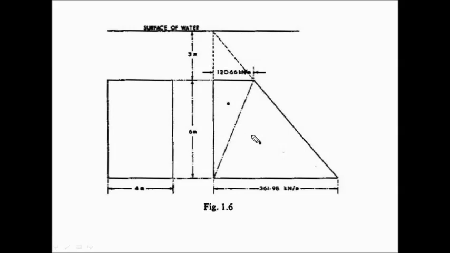Make this trapezoid into two triangles by putting one line like this, and this is triangle number 1, and this is triangle number 2. So this is triangle A, and this is triangle B. For triangle A, the base will be this one. For triangle B, the base will be this one.